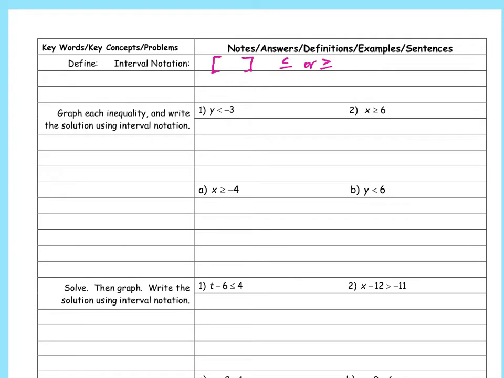And then I use parentheses if I have a less than or greater than sign, okay? So on my solution, and again, infinity, we don't know where infinity is, so we use a parenthesis with that.